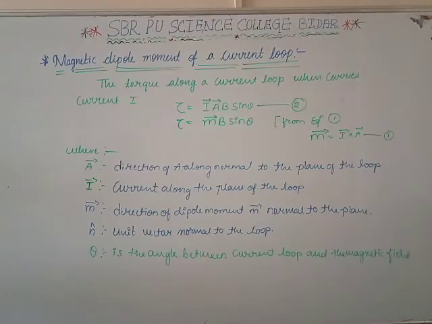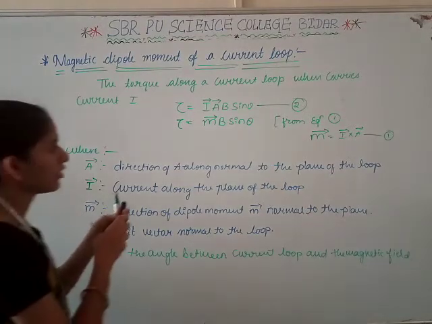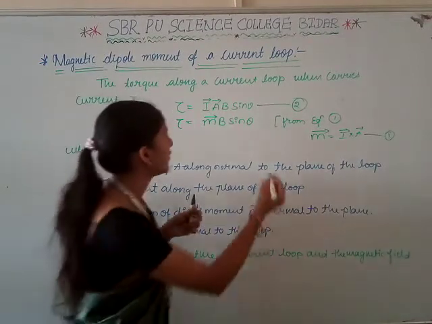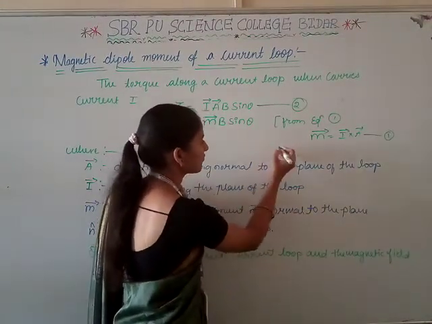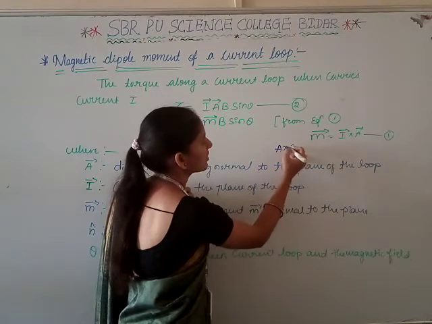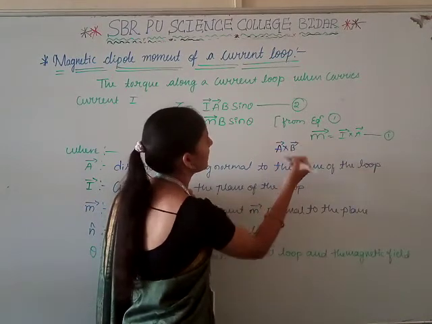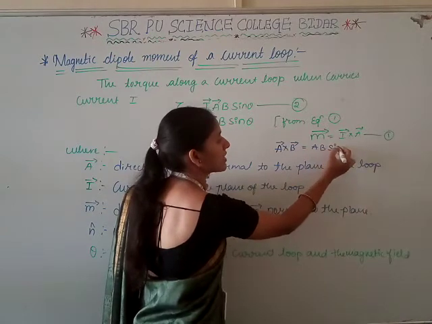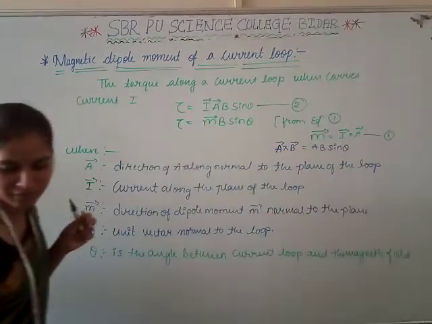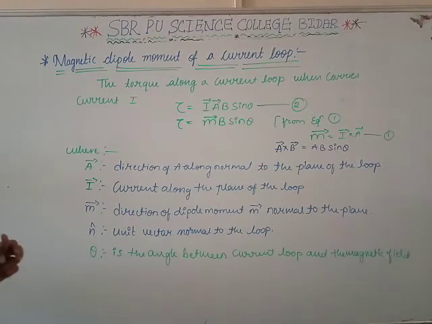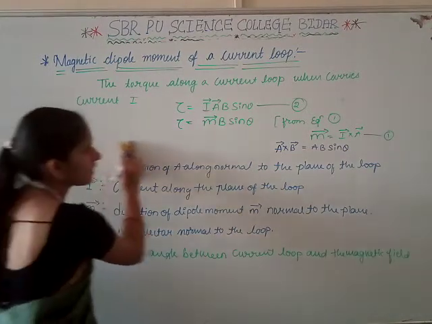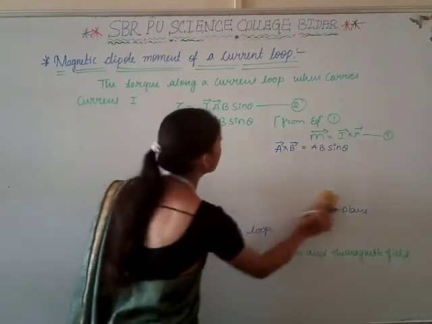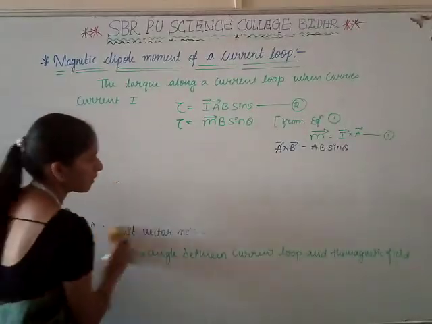Now, by the formula we know that the cross product of vector A and vector B is AB sin theta. Here we have tau equals MB sin theta.